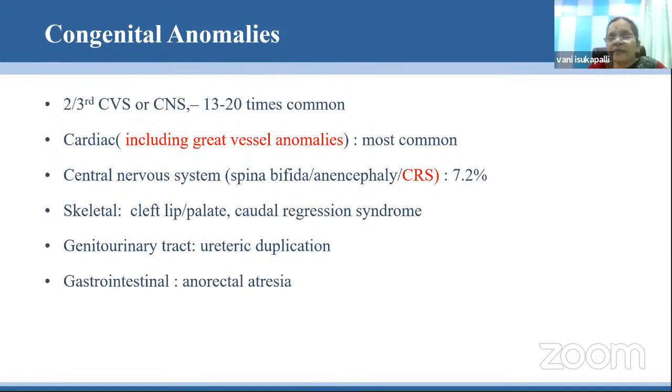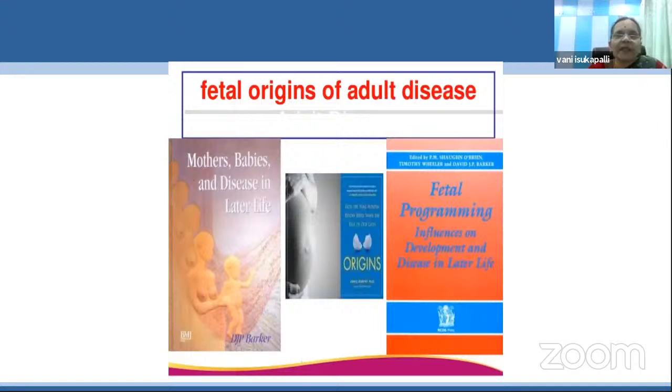So there won't be any sacrum in the vertebral column. Genitourinary tract, gastrointestinal abnormalities, any of them could happen. So that is why all treating obstetricians should have knowledge that congenital abnormalities are common, especially if the woman has acquired diabetes right from the first trimester or is already diabetic. These can happen, and a thorough survey should be done of the fetus on ultrasound.